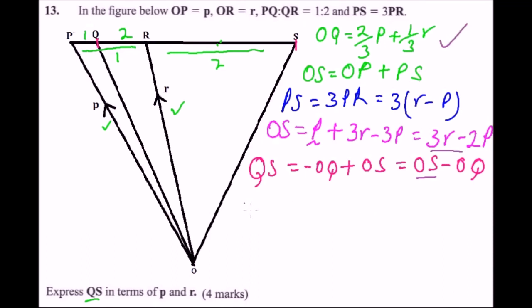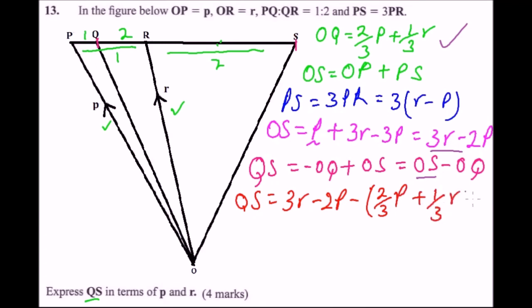So we can now say QS is equal to our OS, which is 3R minus 2P, and then minus our OQ, which is 2/3 of P plus a third of R. So those are the values that will give us our vector QS.